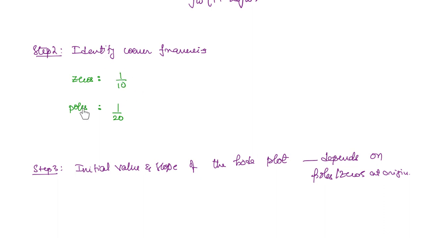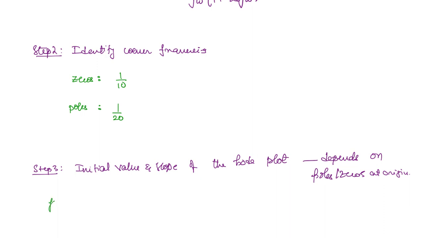See here what is the lowest corner frequency? The corner frequency corresponding to the pole, 1 by 20, right? This will be 0.05, this will be 0.1. So the lowest corner frequency is 0.05. Now for frequencies lesser than 0.05, the magnitude is contributed only by the pole or 0 at origin and also the constant term, right?